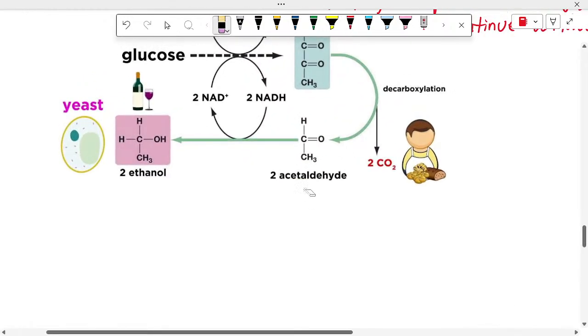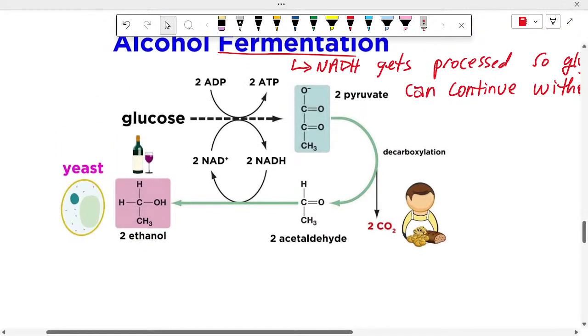An acetyl group. An acetyl group, when it's not bound to anything, we just call acetaldehyde. This is the acetyl group in just its aldehyde form. In other words, it's just its own little molecule. But instead of sending it into the matrix, it's just dealt with in the cytoplasm. So this happens in the cytoplasm.